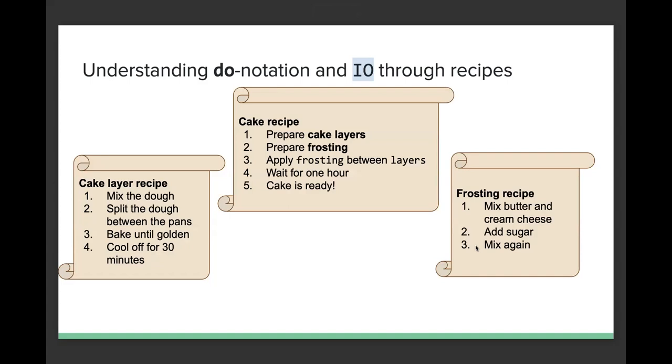And then you need to mix them somehow, like apply frosting, wait for some time, and the cake is ready. But the thing is that if you want to write that recipe and you want to reference other recipes, you can definitely do that, right? And then in the recipe, you will just say, okay, prepare cake layers. And let's just use this Haskell syntax in the recipe. We'll say, okay, prepare cake layers, we now will refer to the result of that as layers, and prepare frosting and refer to the result of that as frosting, and then use it somewhere below.